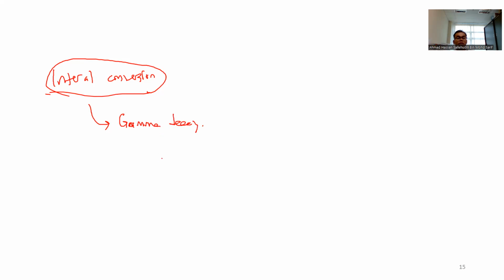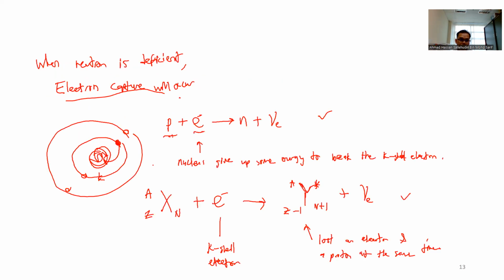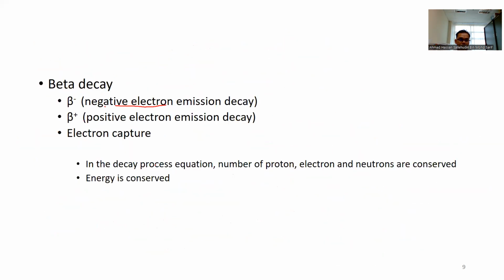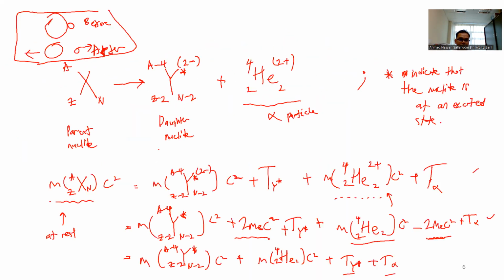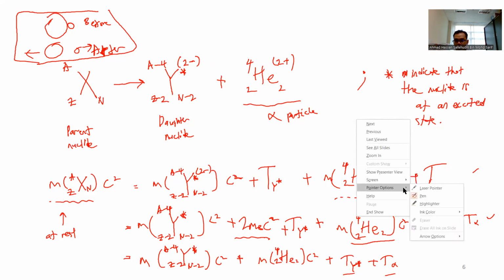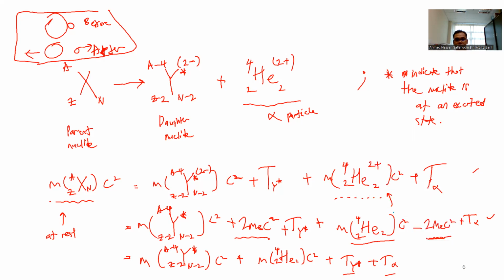So gamma decay is simple. It happens immediately after the alpha or beta decay we saw previously. Let me change color. Let's use blue. So the nuclide has not yet reached the ground state.